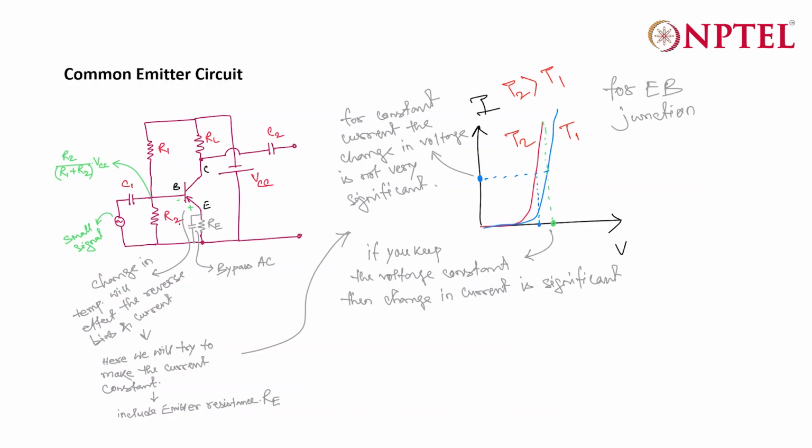which is very reliable, because your base emitter junction or the junctions in the BJT are very sensitive towards temperature. So if there is a change in temperature, you will find the effect in the junction voltage.